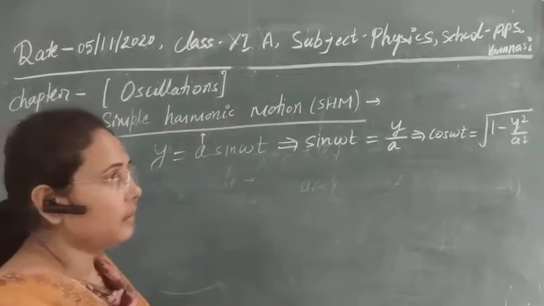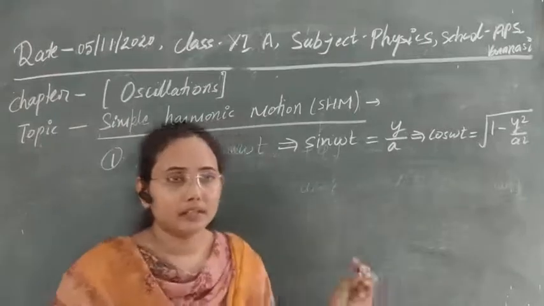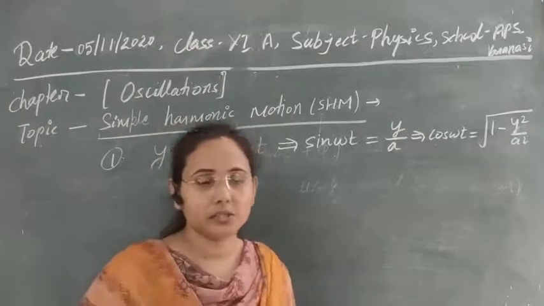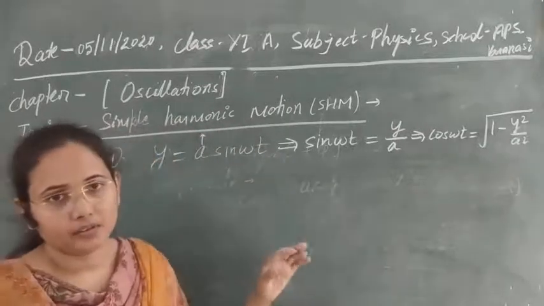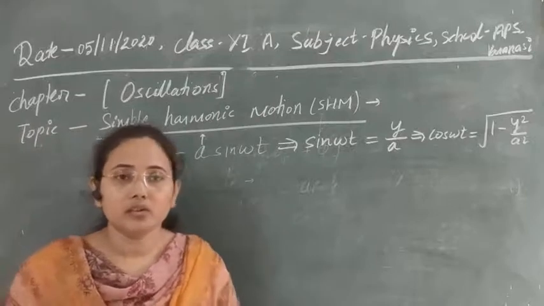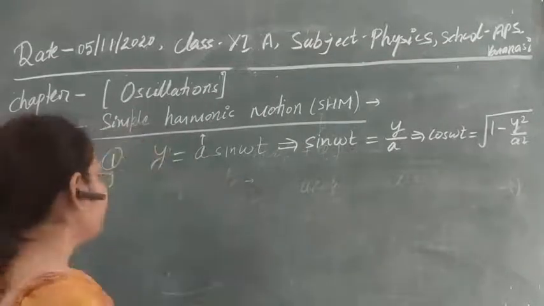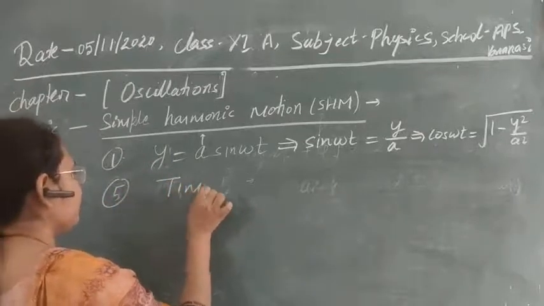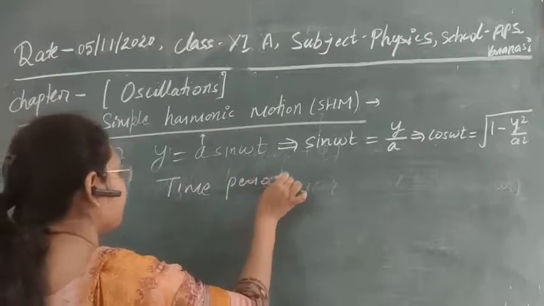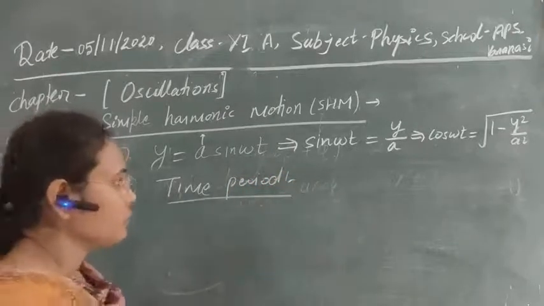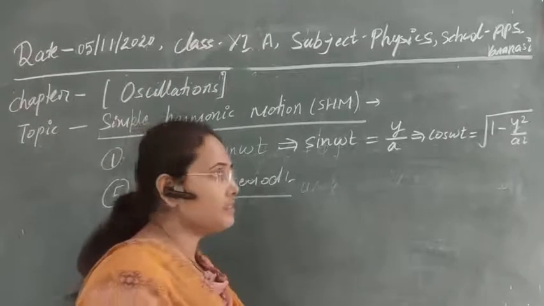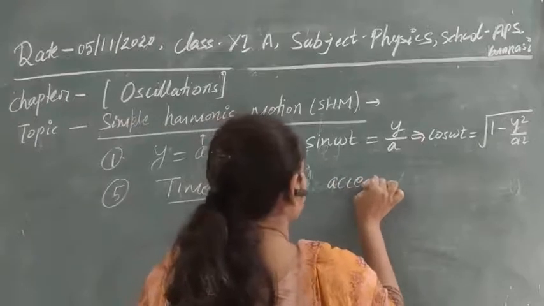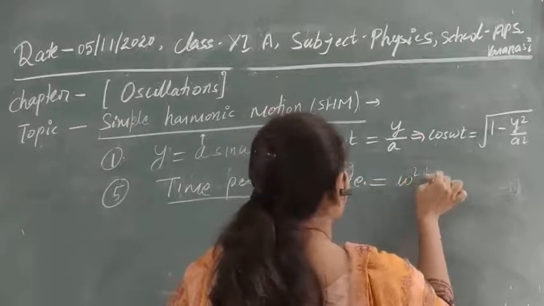The next section is this: we have calculated velocity, acceleration, displacement and amplitude. Then we can also calculate the time period and frequency of oscillation. So what is the time period of the oscillation? We already had the equation for acceleration. As we obtain acceleration, that is equal to omega square times y.